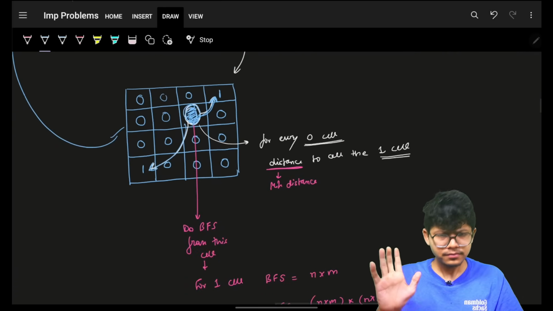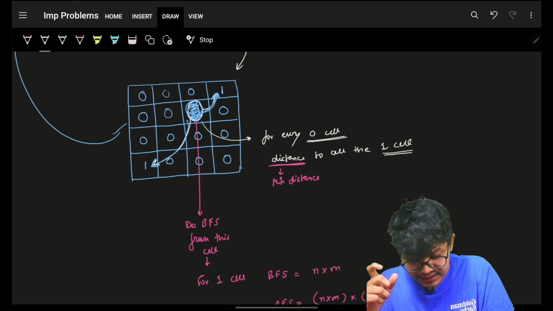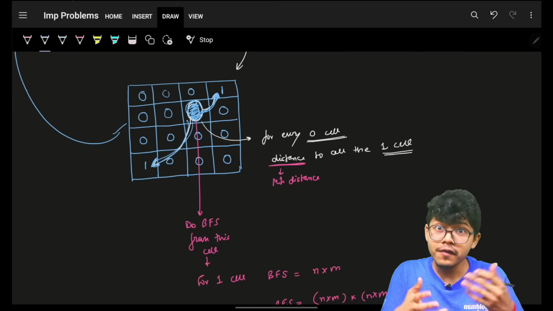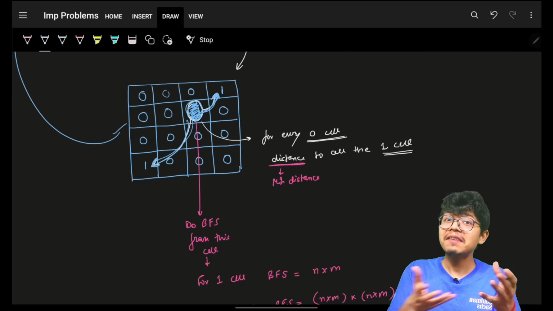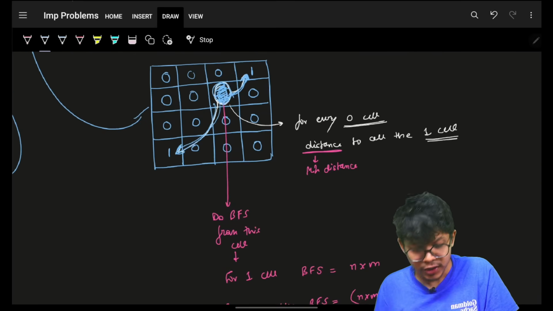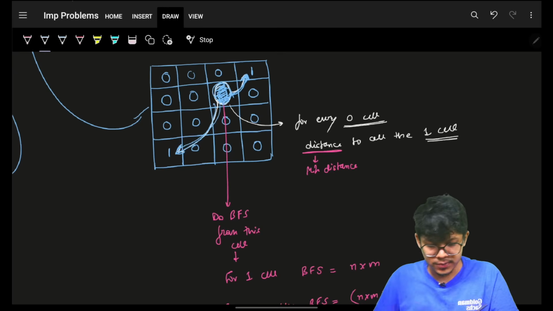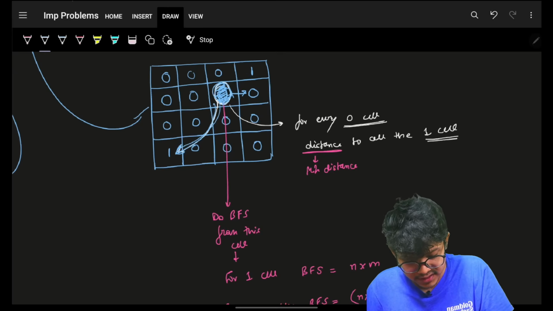Now we found out the minimum distance from one cell to any other cell. How do we find it? By a level-wise traversal, or BFS traversal. For this cell, to know the minimum distance, because minimum is the key, in level-wise traversal we traverse as much as possible. In one level-wise traversal, we traverse in both directions.